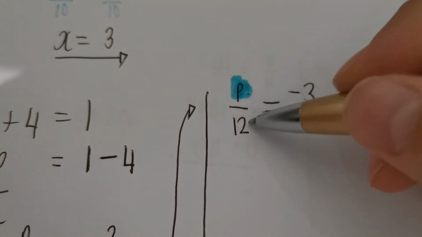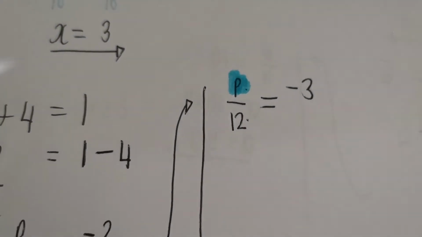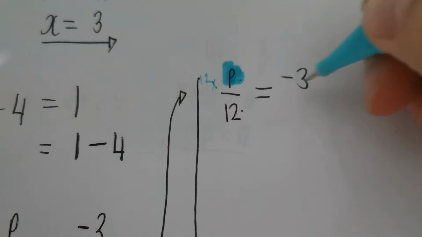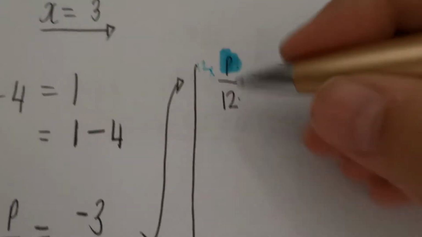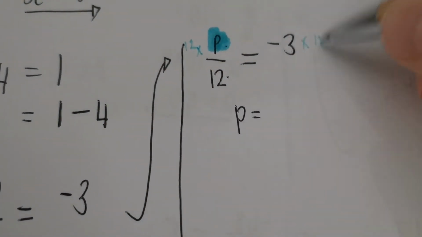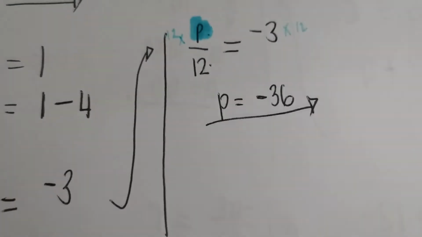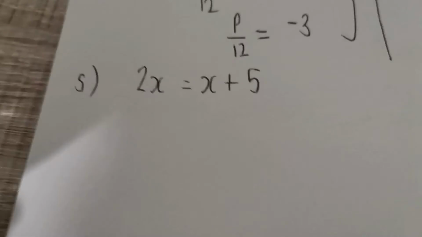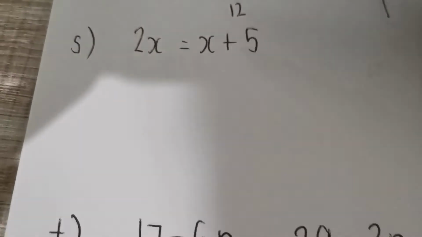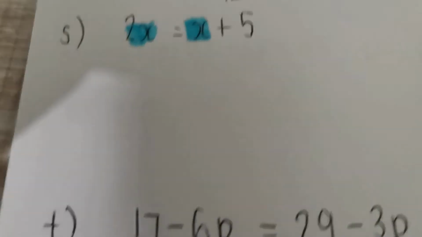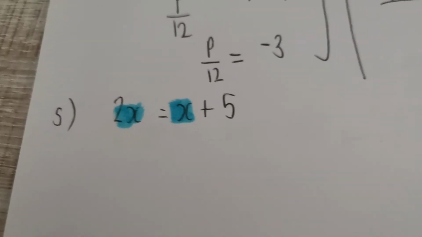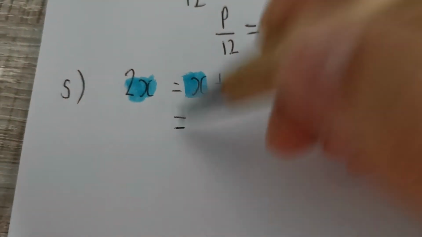Let me just rewrite it for you. I want the p. Can you see it's p divided by 12? So what's the opposite of divide? Multiply, isn't it? Multiply. So negative 3 times 12. Done. Okay.